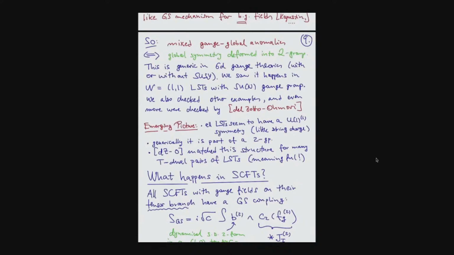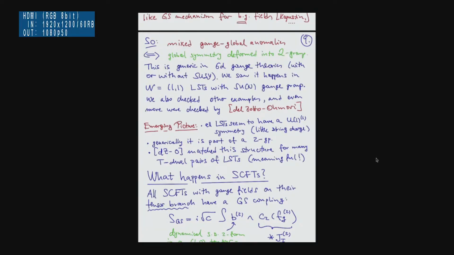Okay, so what I've told you so far is, in a very particular example, that mixed gauge-global anomalies of the type we encountered in the maximally supersymmetric Yang-Mills theory deform the global symmetry of that theory into a two-group at the level of current algebra. And it followed from doing this anomaly computation with two global symmetry currents and two gauge fields.